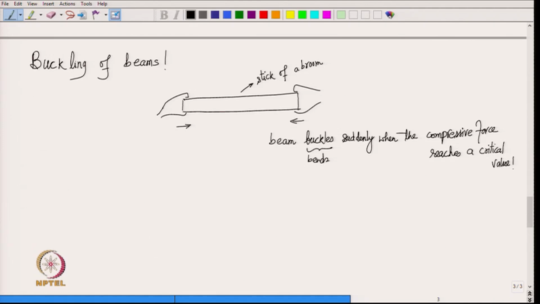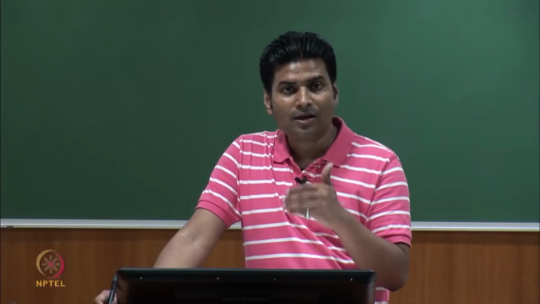So, if in the operational condition the compressive force that acts on that part of the machine which is a beam is more, then it is suddenly going to buckle, and the machine is going to fail. So, whenever you design your machines, you have to make sure that the buckling load is more than the operational load of the machine, only then it is not going to buckle.